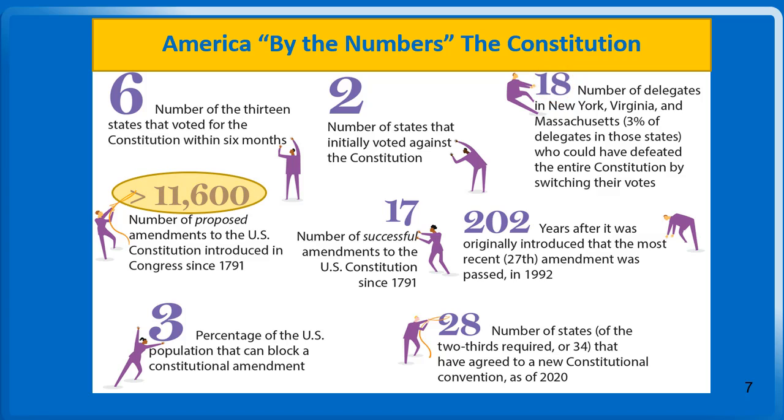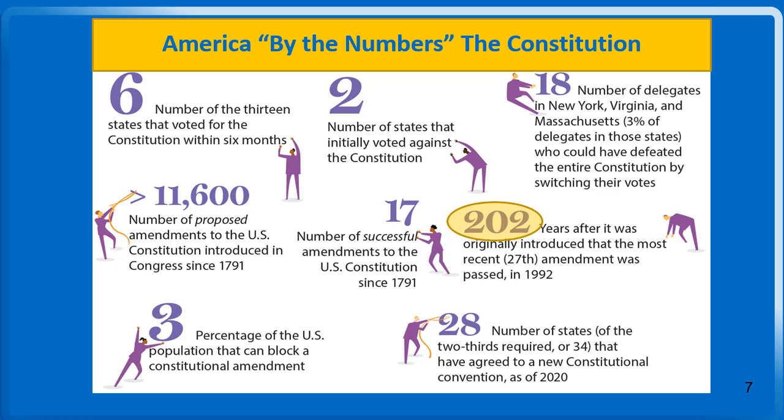More than 11,600 is the number of proposed amendments to the United States Constitution that have been introduced in Congress since 1791. But 17 is the number of successful amendments that have been added to the United States Constitution since the Bill of Rights was ratified in 1791.